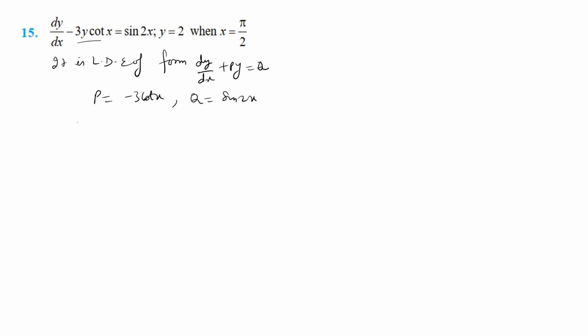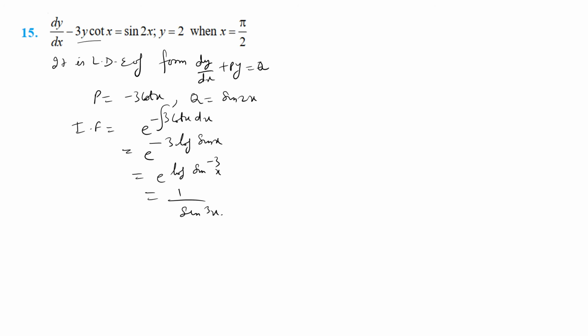So the integrating factor is e raised to the power integral P dx. So P dx is minus 3 cot x dx. E raised to the power minus 3 log of sin x. So again it is e raised to the power log sin x raised to the power minus 3, so I think it becomes 1 upon sin cube x.